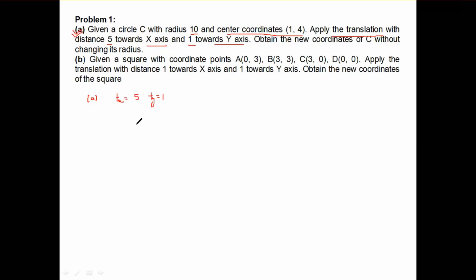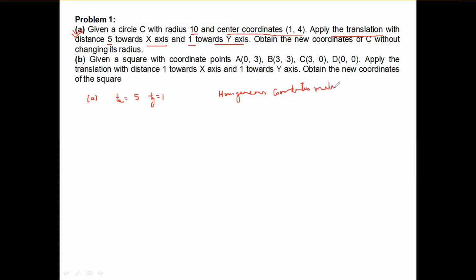So simply for this, in every question I'm going to use the homogeneous coordinates matrix.